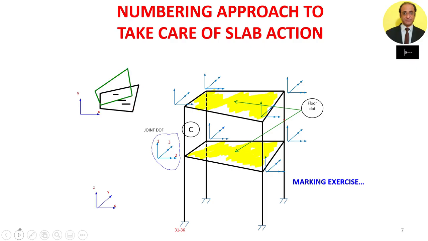So what we do is that we consider the lateral degrees of freedom and the rotation of the floor slab at reference points only. The horizontal translation in the global x direction, the horizontal translation in the global y direction, and the rotation in the horizontal plane about the global z direction will be associated with the particular reference points.